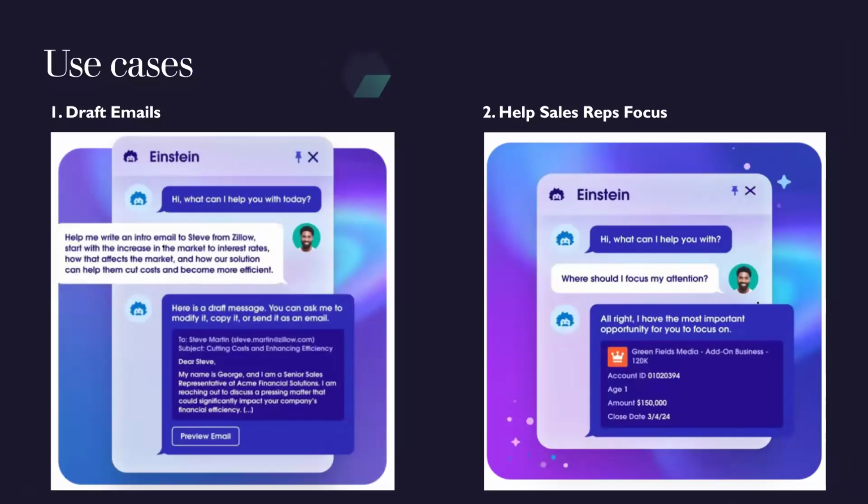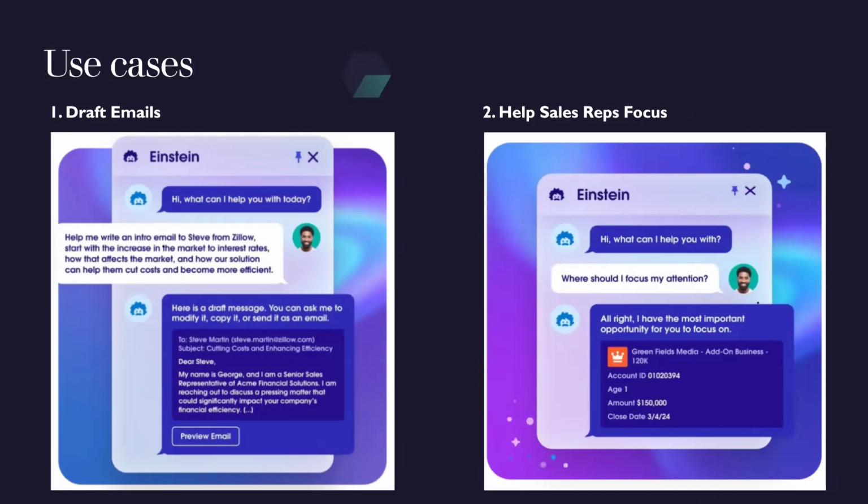Let's understand a few real world use cases. It can draft an email for you. It can see the data which you have in your CRM system, and accordingly, it can help you write emails. It can tell you where you should focus.